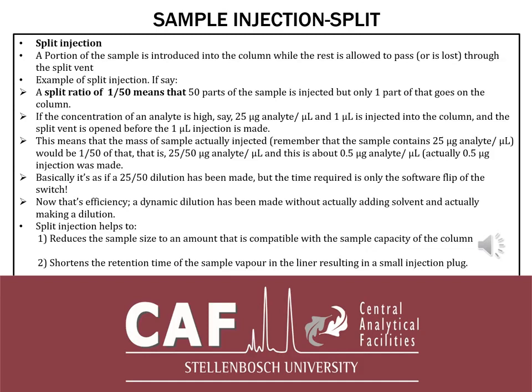The answer will be either dilute the sample and run again with a splitless, or run a split. So what I'll do, I'll introduce split. If that peak gets resolved and has a nice peak shape, then it's one. But if you're seeing 2 or 3 peaks, and they are resolved, then the next thing will be to dilute the sample further.